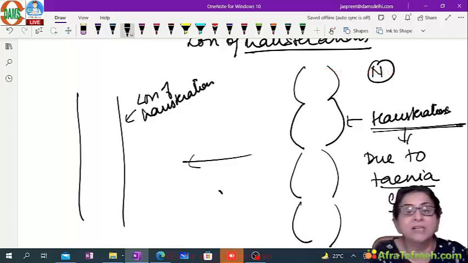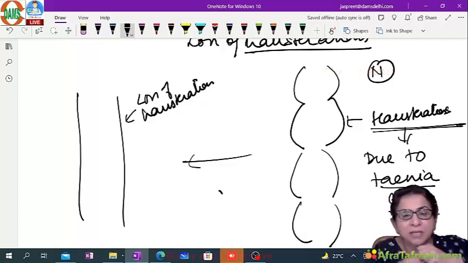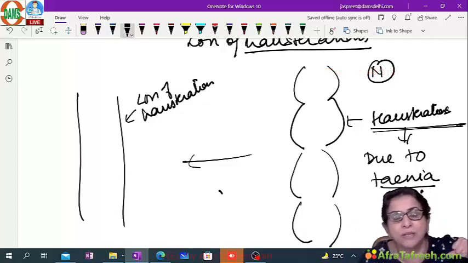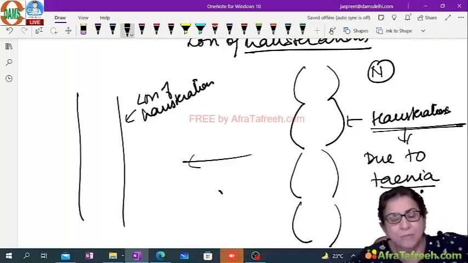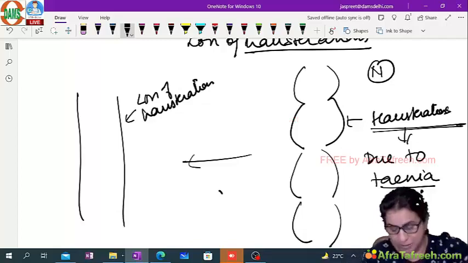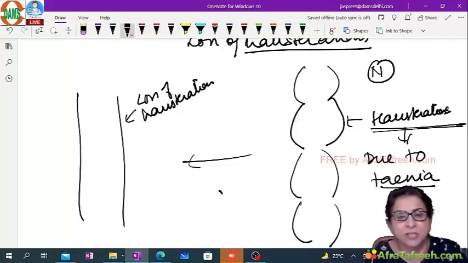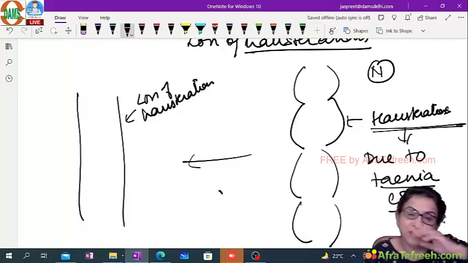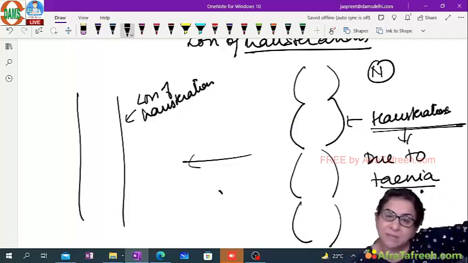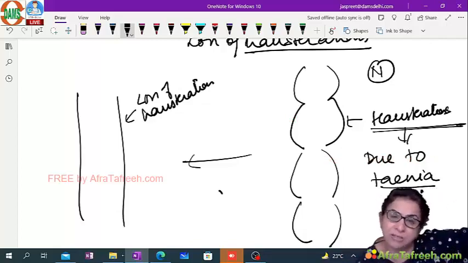Now in ulcerative colitis, what happens? Taenia coli undergo hypertrophy, so they become longer. It's like you pull the rubber band. When Taenia coli undergo hypertrophy, these haustrations are lost, because their length becomes equal to the length of the intestine or they become longer.